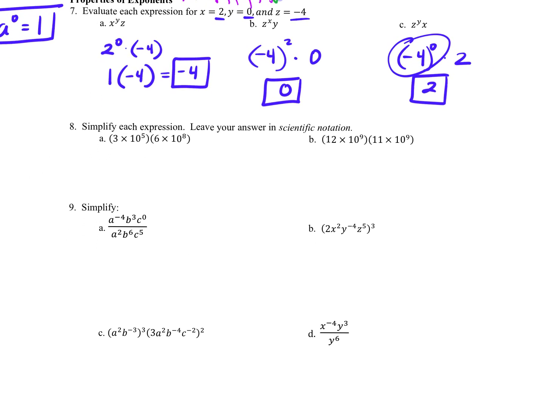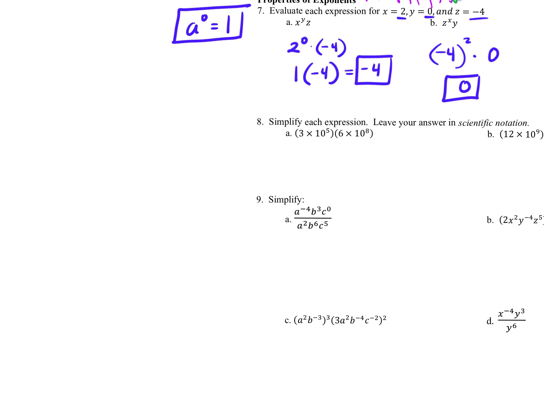How do you do scientific notation? Something times 10 to the power of something. You may want to write on your note card, scientific notation has to be like a number, point, whatever. This has to be between 1 and 10, not including 10, okay?